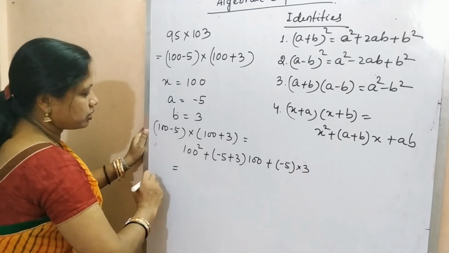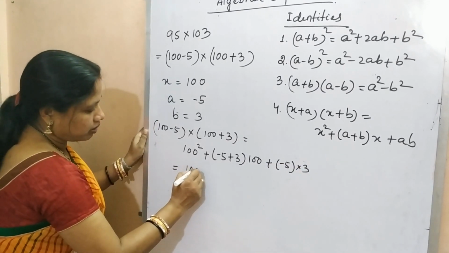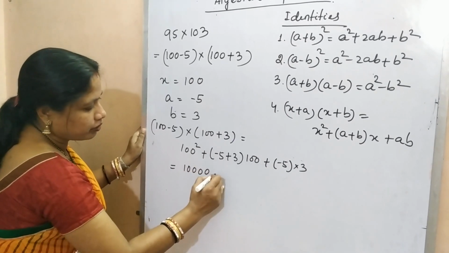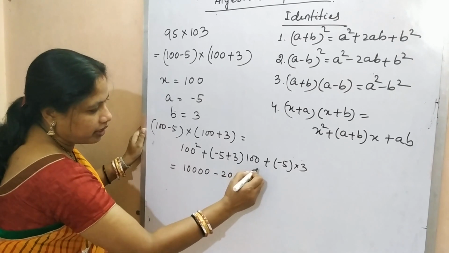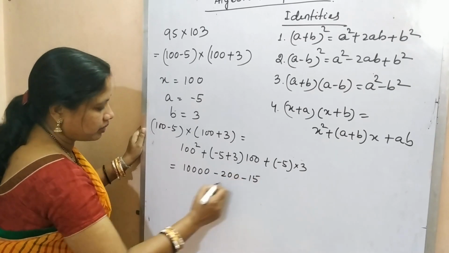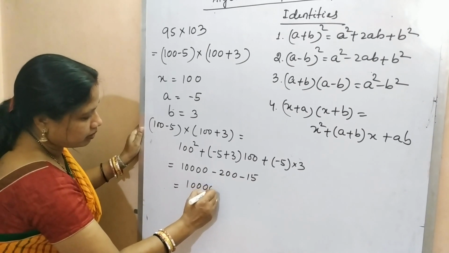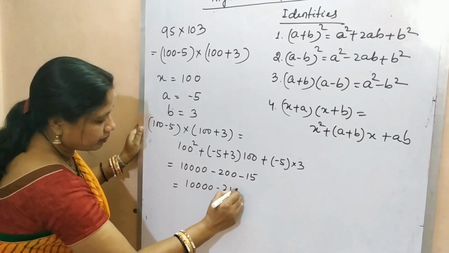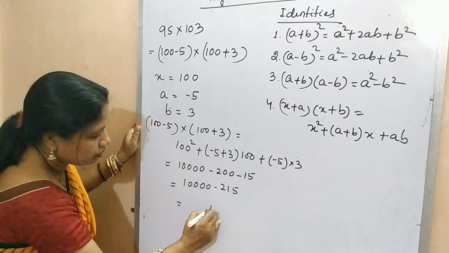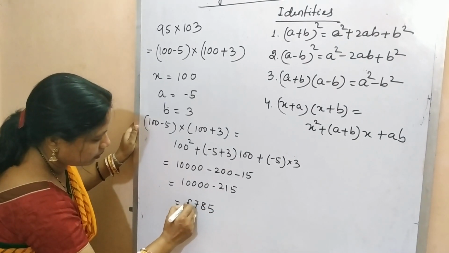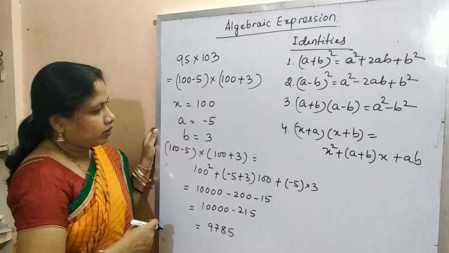So this is equal to 10,000 minus 2 multiplied with 100, minus 200, minus 15. So this is equal to 10,000 minus 215, which is 9785. So this is the answer.